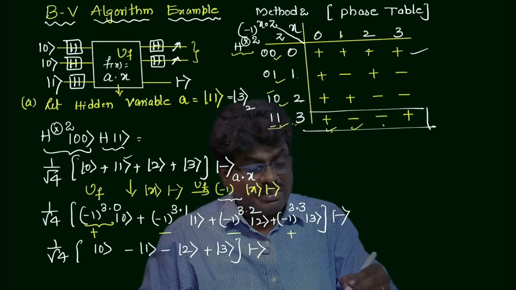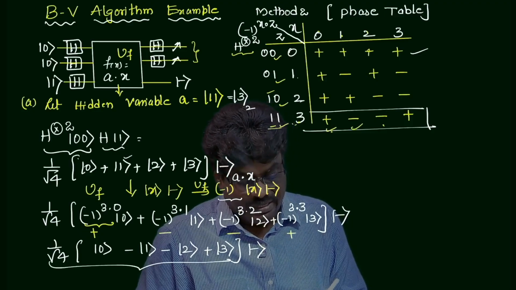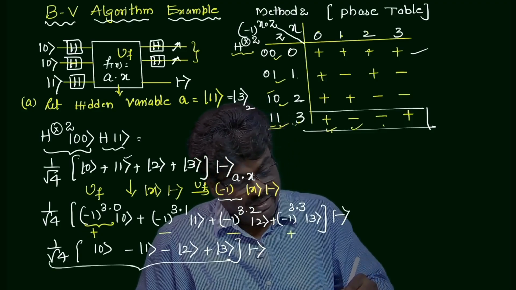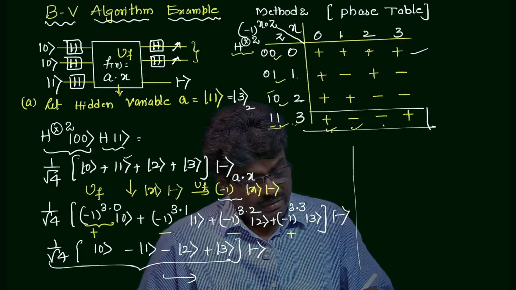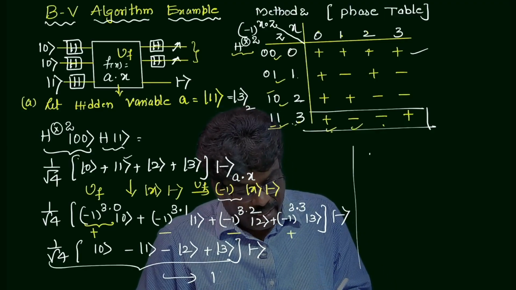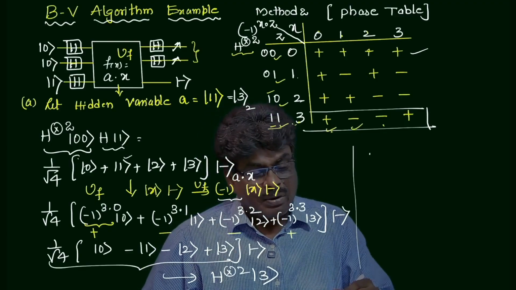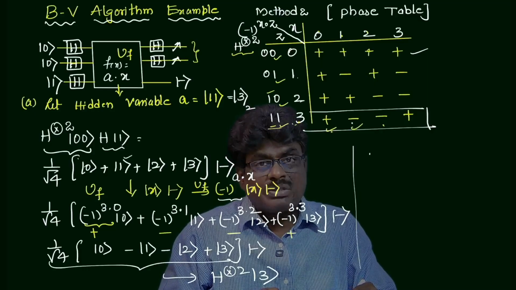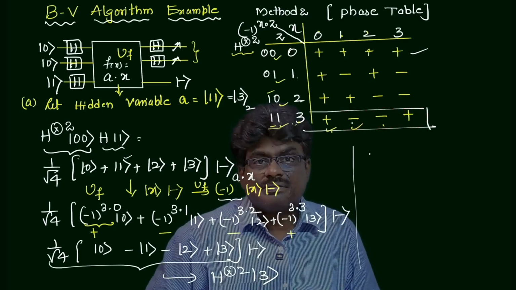So carefully observe, this entire thing is quite interesting. This is nothing but H tensor 2 operates on 3. Please check. 1 over root 4, 0, minus 1, minus 2, plus 3.